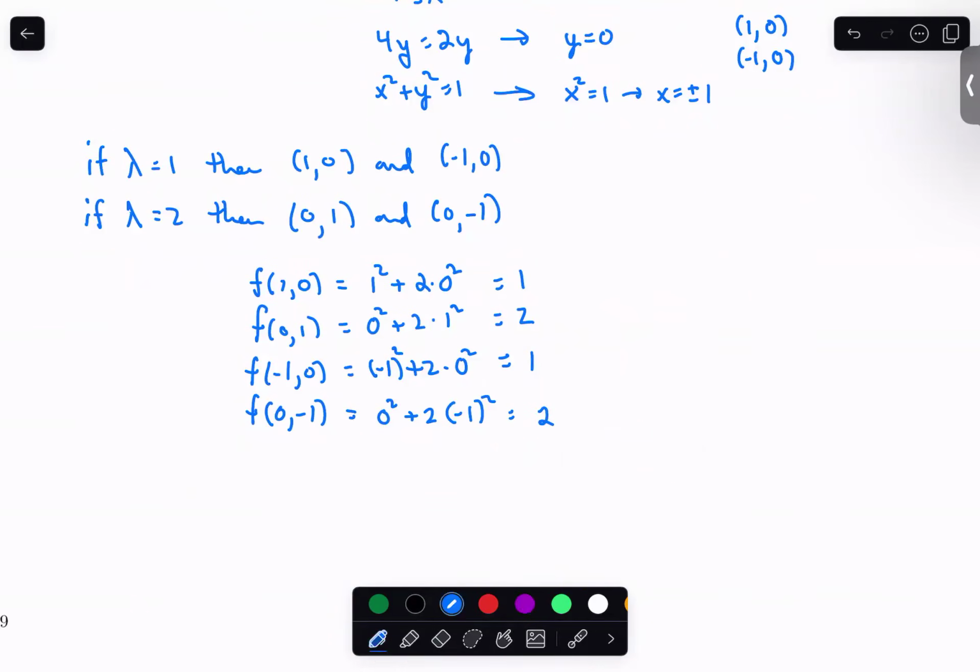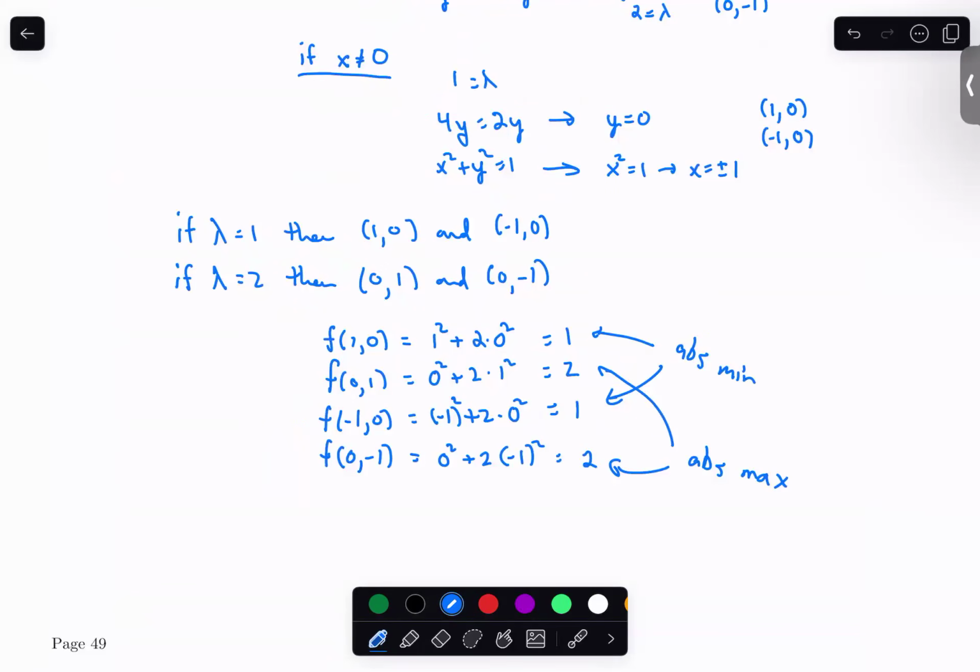So that's how we know with certainty that 1 here is going to be our absolute minimum, and 2 is going to be our absolute maximum. You could try to plug in other values, but you're not going to get any better than 1 for your minimum and 2 for your maximum.